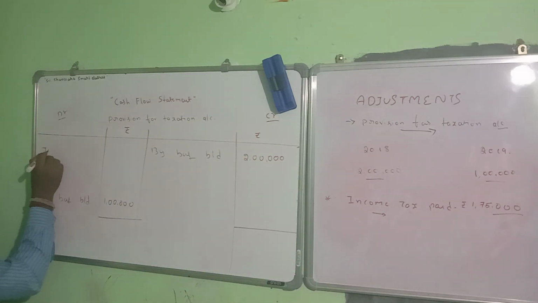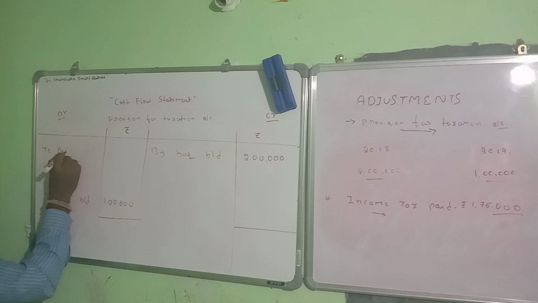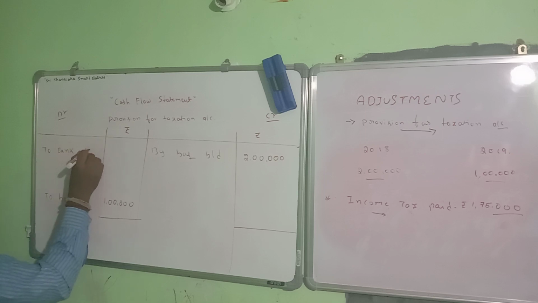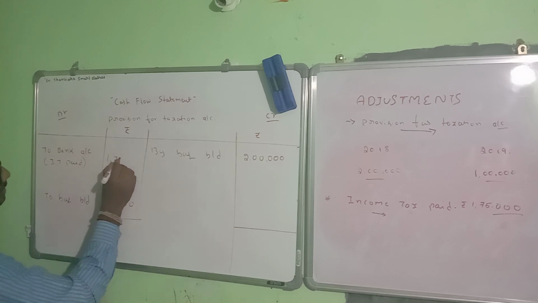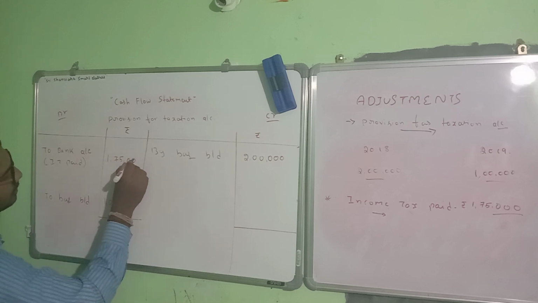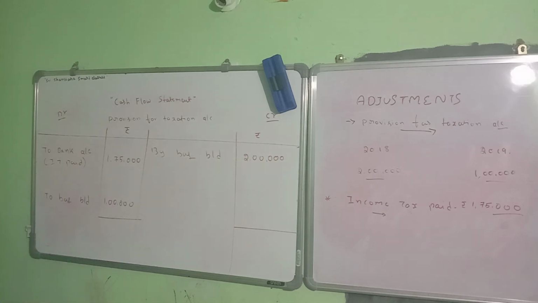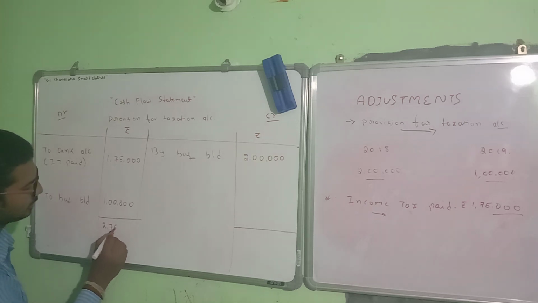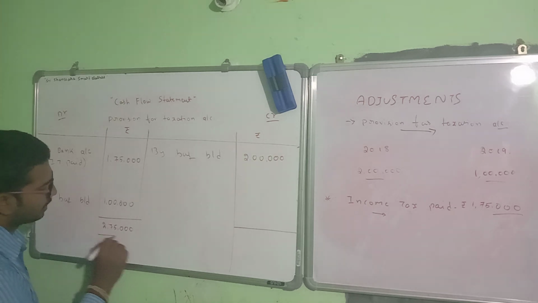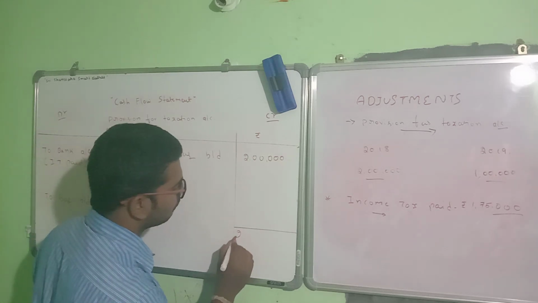To bank account, in brackets income tax paid, that is 1,75,000. When you total it up, the debit side is 2,75,000. Make the same total on the credit side also.